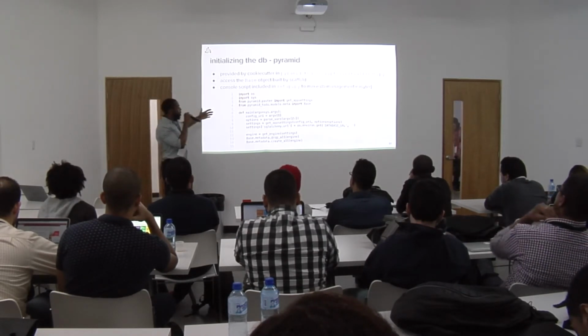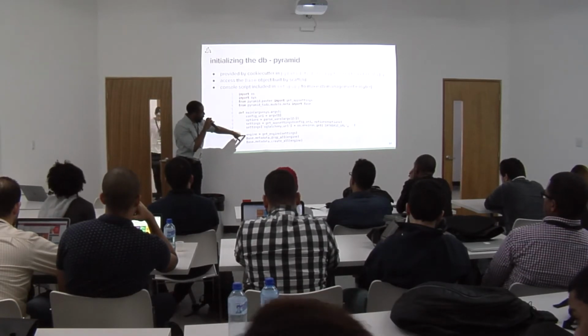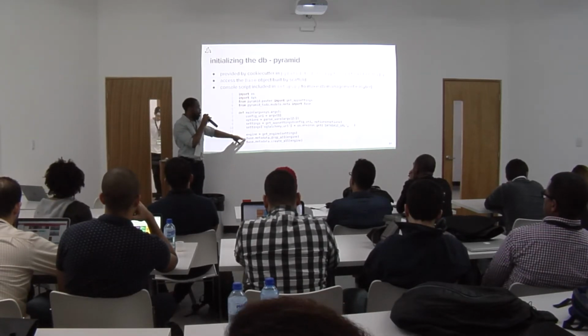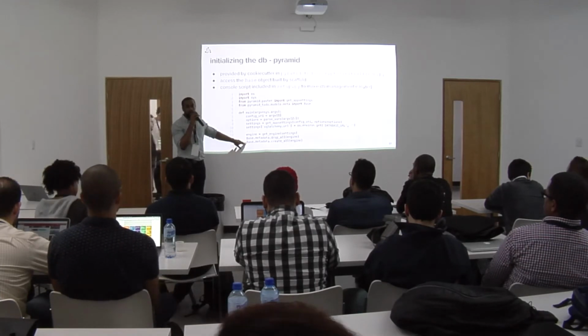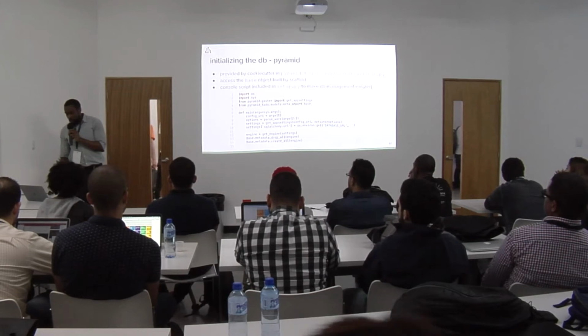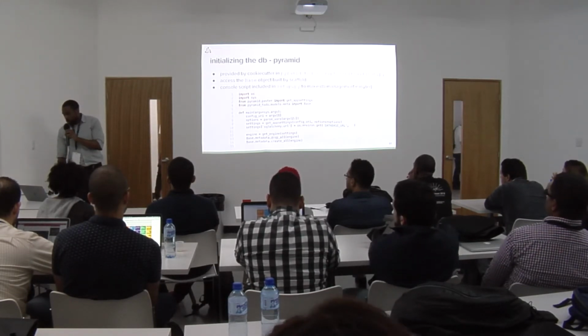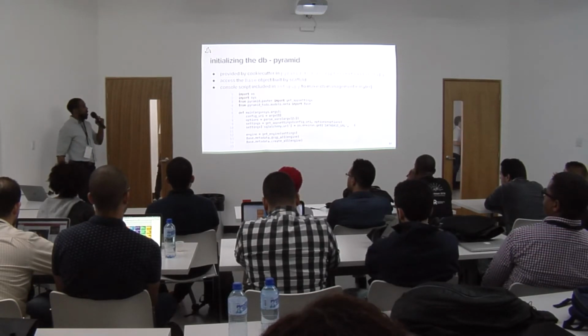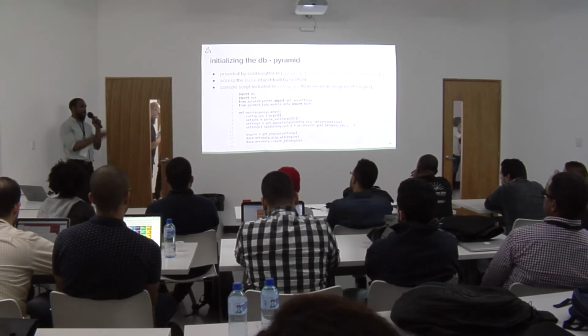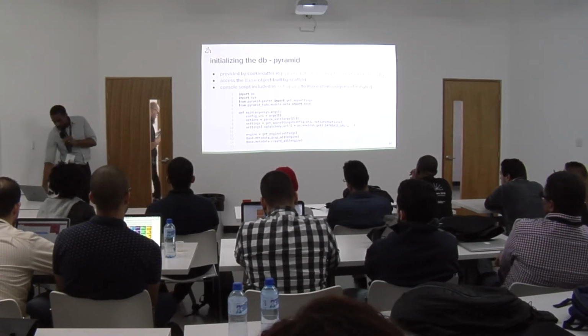Its only real job is to read my settings file, get the URL for my database, drop all my tables, and set up some new tables, and that's it. It'd be great if there was Alembic kind of rolled into this, but it's not. But the cookiecutter template gives me the console script to do this in my setup.py, which makes it very easy to just go in my command line and say initialize DB, and it does what it needs to do.